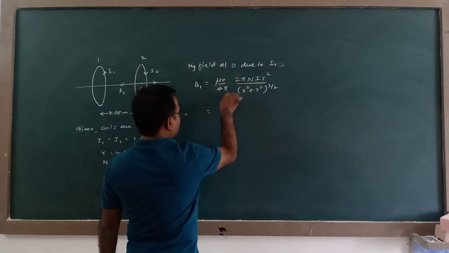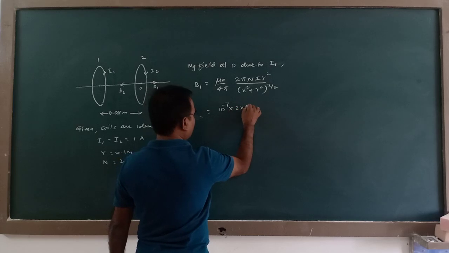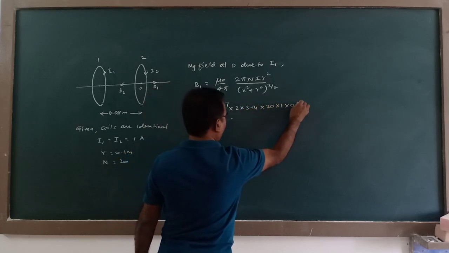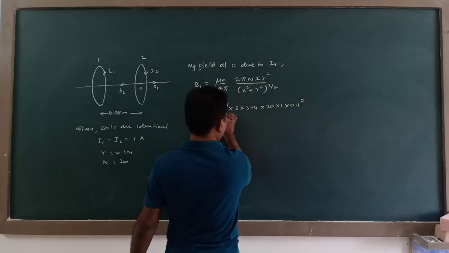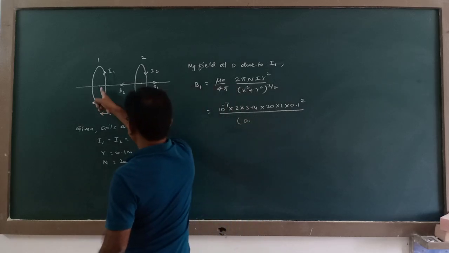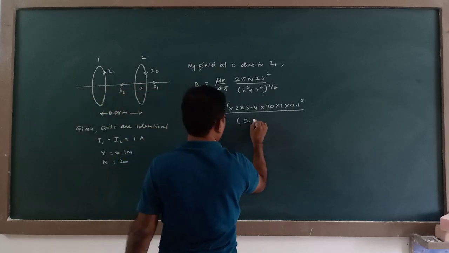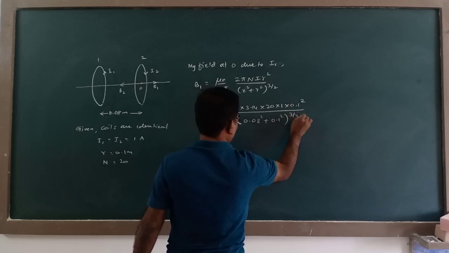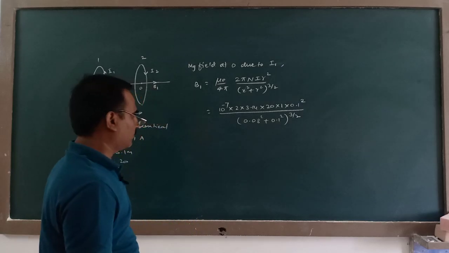So here this is 10 to the power of minus 7 into 2 into 3.14 into 20 into 1 into 0.1 square divided by x square plus r square whole to the power of 3 by 2, where x is the distance of the point from the center of the first coil, that is 0.08. So this is the substitution.